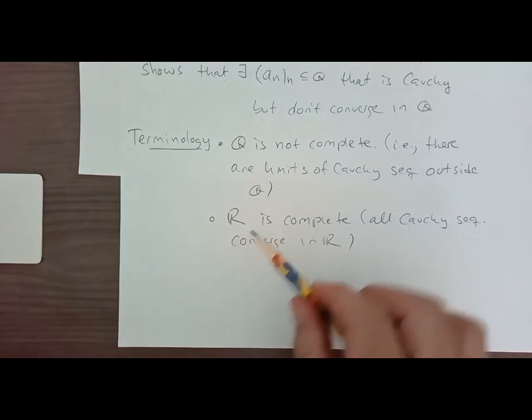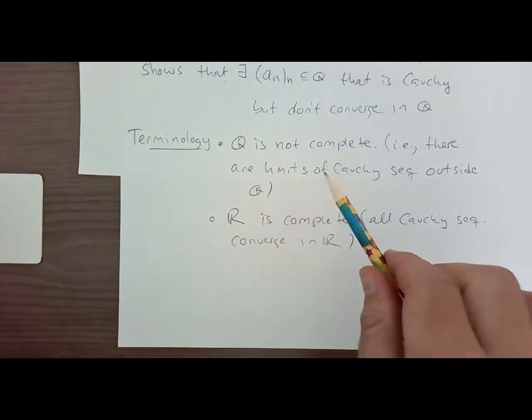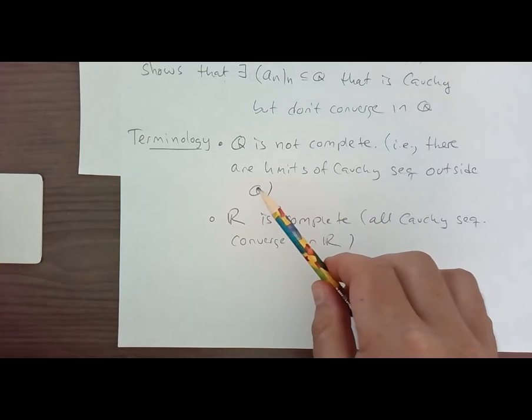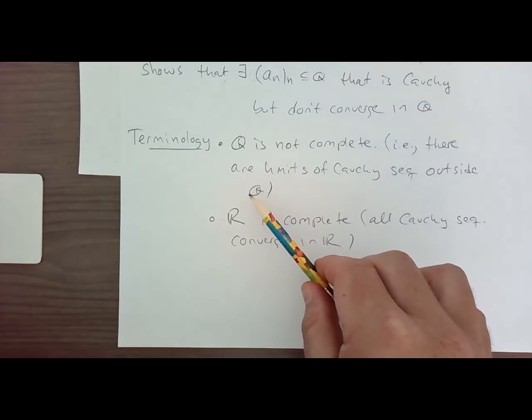So you can see the problem is that the Cauchy sequences that converge can get to be outside Q.